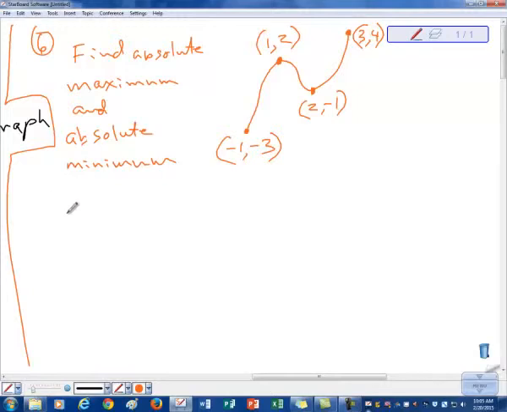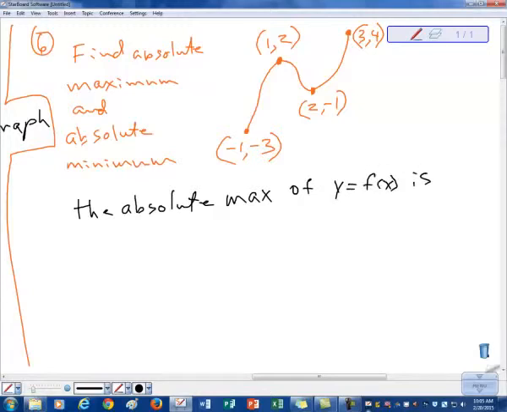So the way the question is going to be worded is, the absolute maximum of y equals f of x is. Basically the max or min are going to be the y values, right?